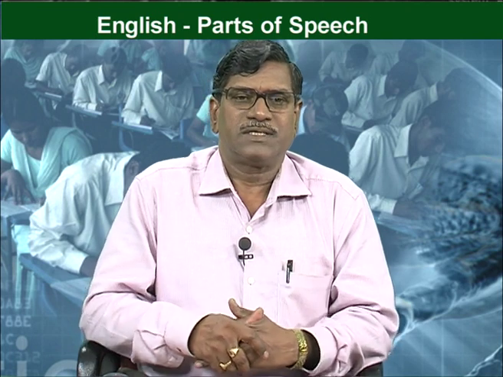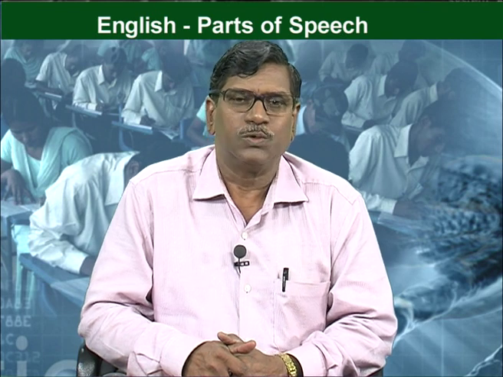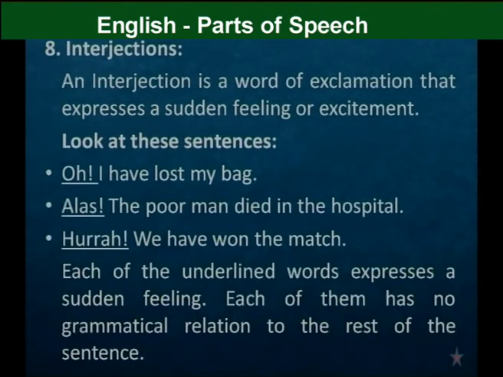Interjections. What is an interjection? An interjection is a word of exclamation or a sudden feeling. An interjection is a word used to express a sudden feeling like oh, alas, hurray.